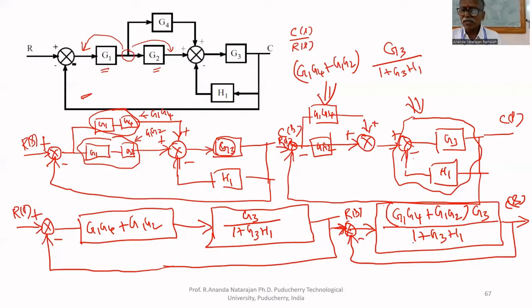Now we have to apply the seventh rule and simplify this. Here feedback is 1. No block is there, we have to take it as 1.